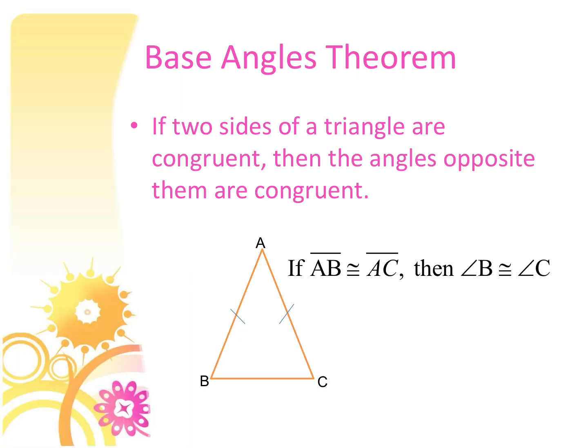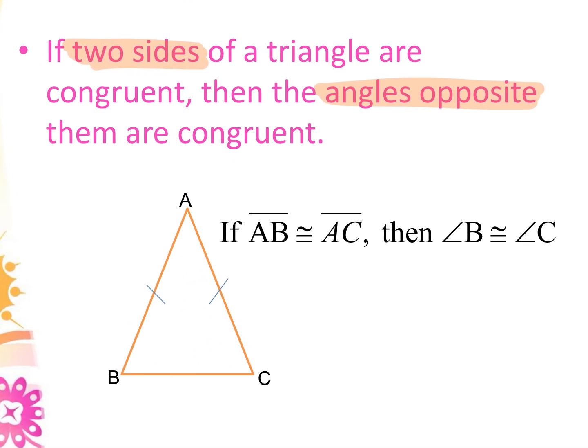All right, base angles theorem. Please pay attention to the verbiage of what's written here. Highlight it if you need to. If two sides of a triangle are congruent, then the angles opposite to them are congruent. So pay attention to where this one's going. First, it's stating you have two sides that are congruent.